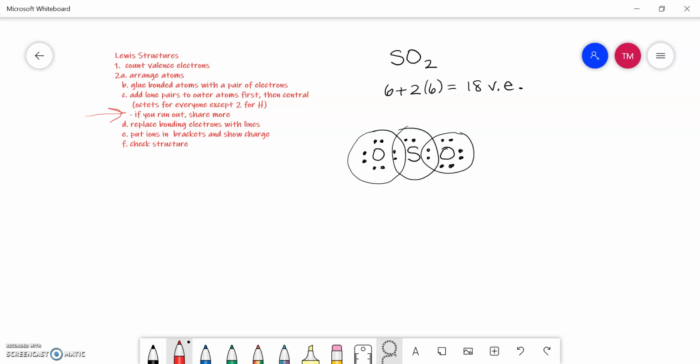So right now we're sharing just 1 pair between each sulfur and oxygen. But what happens if I take this lone pair, which I can only count for this oxygen right now, and I move it in here so that I can count it for the oxygen and the sulfur? So I'm going to redraw this so we can see what happened here. So now I have 2 pairs of electrons in here. Everything else stays the same.